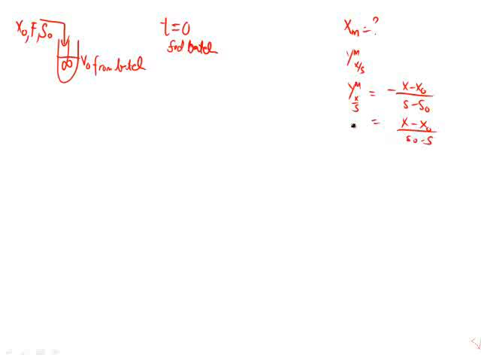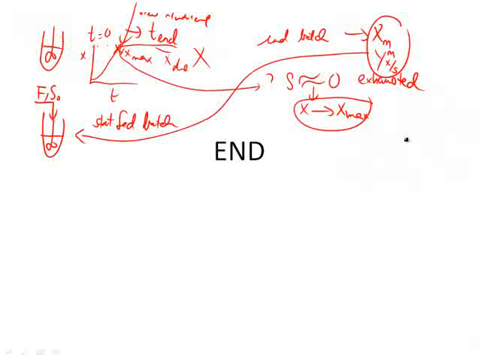When it reaches its maximum, you are saying the S is now 0, exhausted. And when you assume X naught is sterile feed, that is also cancelled based on your assumption. So your maximum yield of X to S times the S naught is equivalent to XM. Now this one becomes maximum when you make this assumption, when S is nearly 0. This is what you see, right? Maximum.